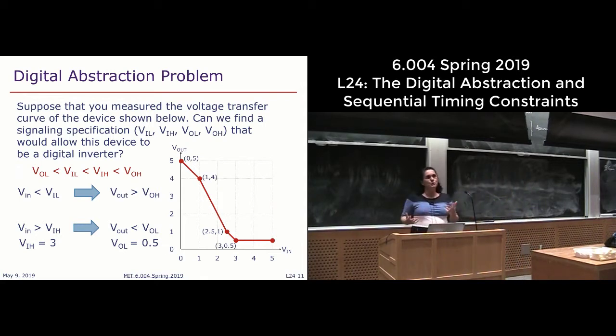So now I have 2 parameters to work with, and let's see if we can fill out the rest. So suppose that I want to make my VOH be as high as possible. I want to make it be 5. Can I make that work? What does my input voltage have to be in order to produce an output of 5?